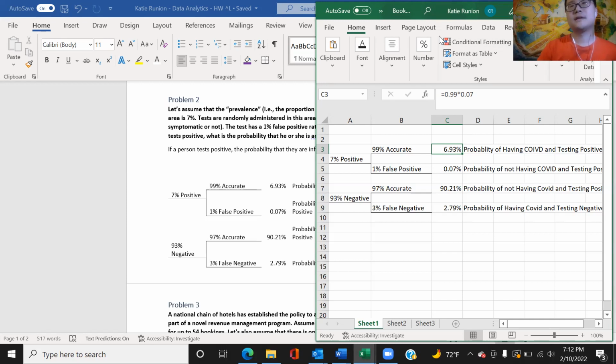So first, let's take a look at the first row. We know the prevalence, that's 7%. You got that right. And in terms of which percentage is accurate, we need to calculate the true positive rate, right?